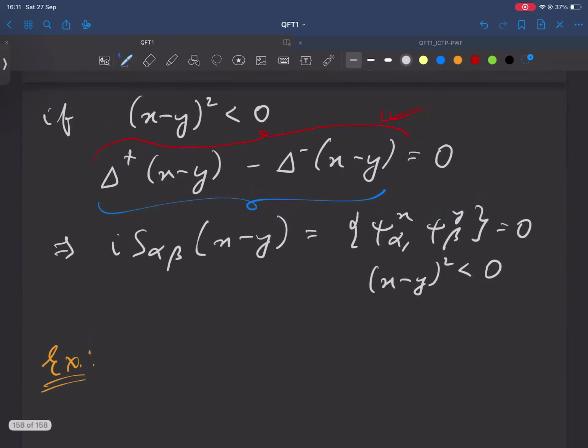But what you can do is recall what is a scalar in the spinor language. In the spinor language, psi bar psi is a scalar.